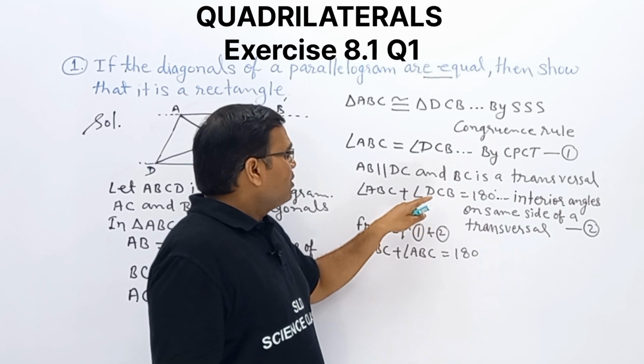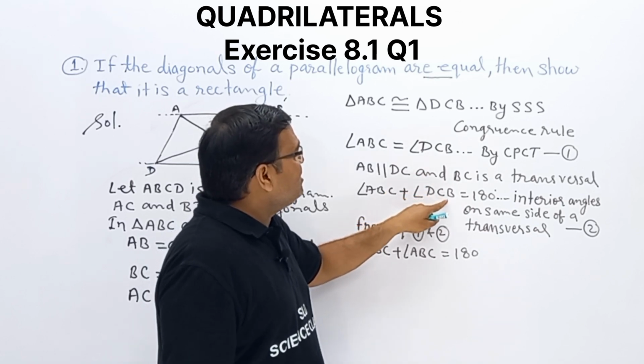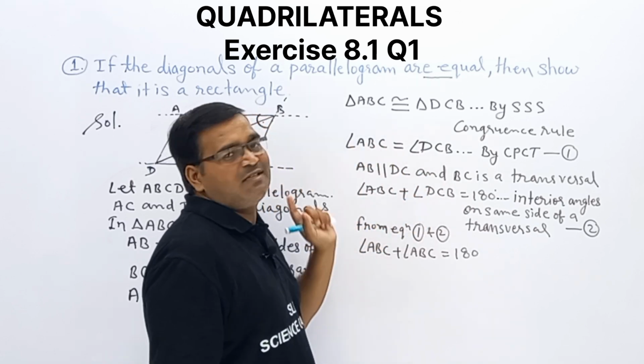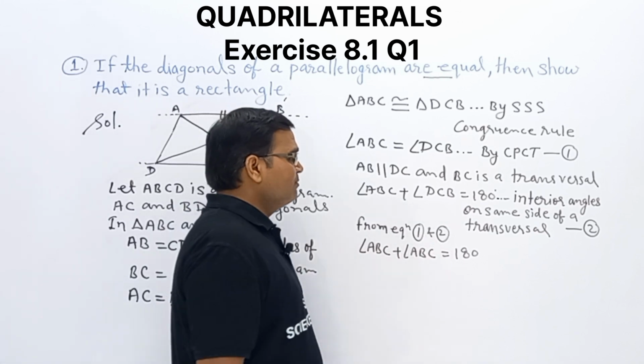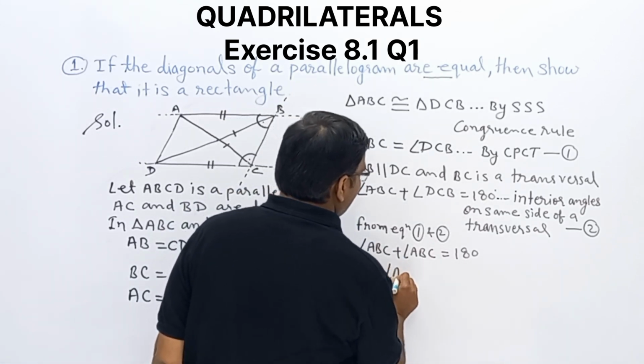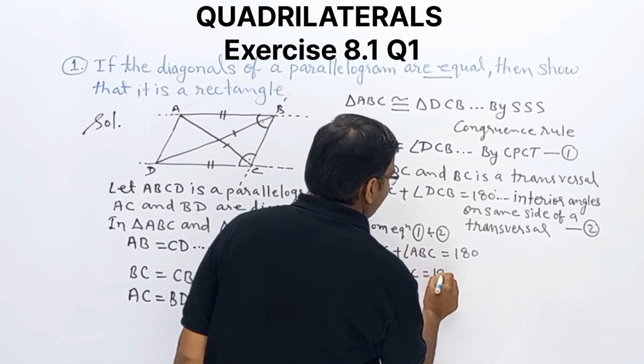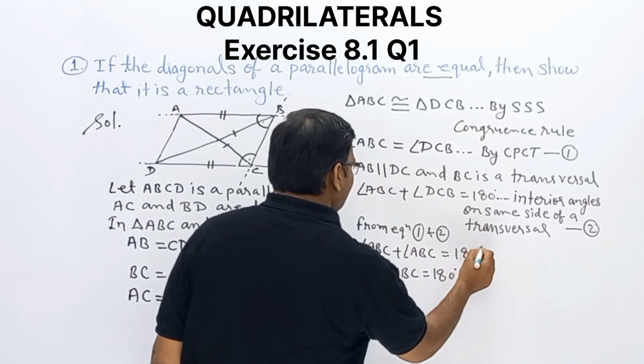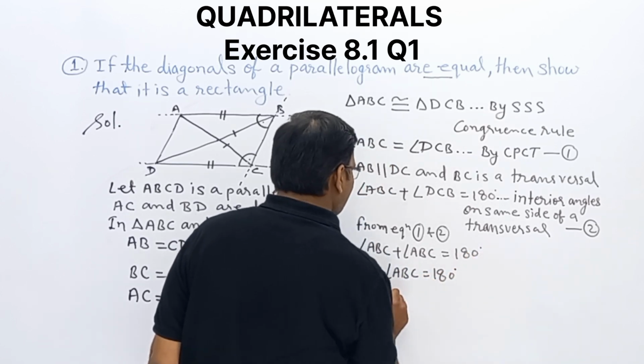So in which we are putting angle DCB equal to what? Angle ABC. Then we are getting this one. So this can be written as 2 times angle ABC will be what? 180 degree.